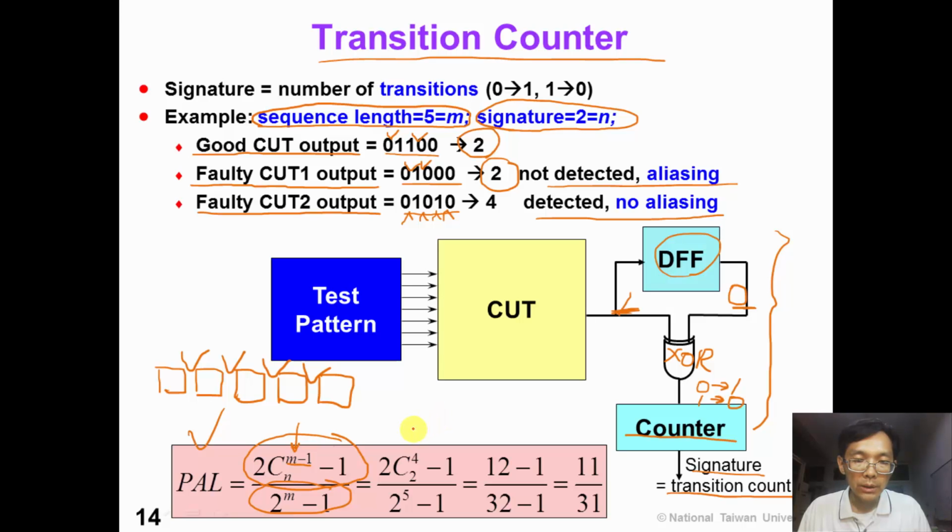If we plug in the numbers of m and n, we would get 2 times the combination of 4 choose 2 minus 1, which is equal to 12 minus 1. So the PAL of this particular transition counter is 11 over 31. Again, this number is still quite large, and we cannot accept this kind of PAL.